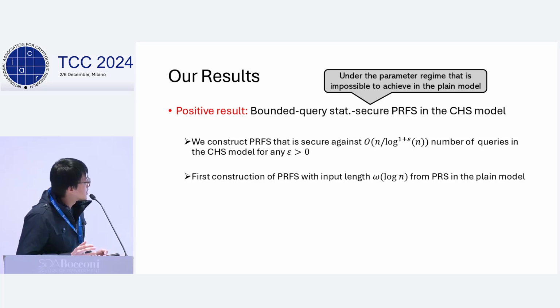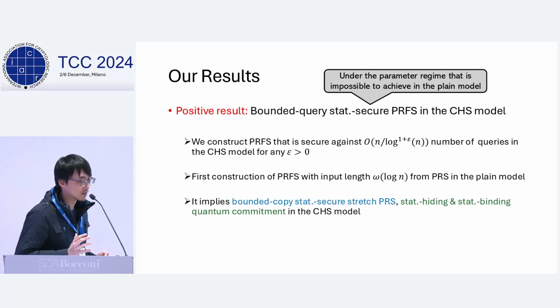If we instantiate the common hash state with a PRS, then it gives the first construction of a PRFS with super-logarithmic input length from PRS in the plain model. Combining with known results, it implies bounded-copy statistically secure stretch PRS and statistically hiding, statistically binding quantum commitments in the CHS model.